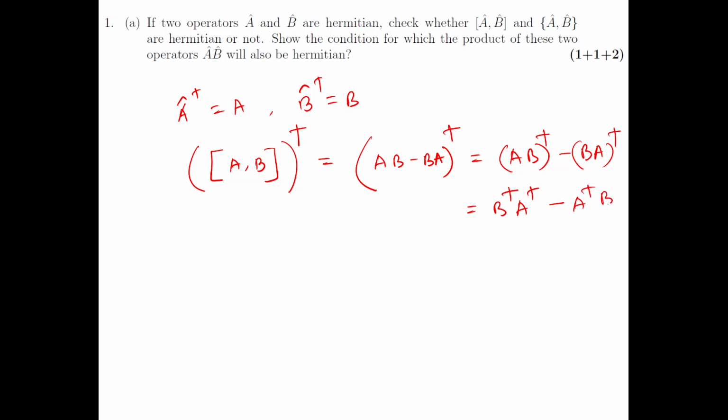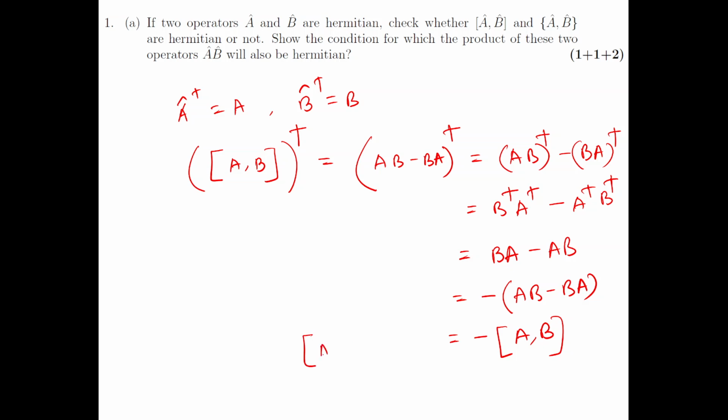So now this is A dagger B dagger. As A and B are individually Hermitian operators, this reduces to BA minus AB, which is minus of (AB minus BA), or minus of the commutator. So the commutator's conjugate is certainly not equal to the commutator.